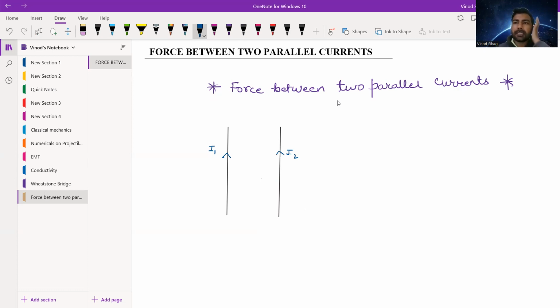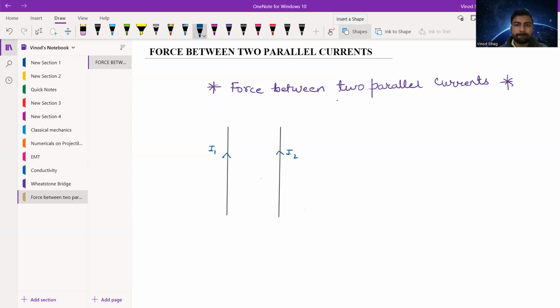Now, our task is to find out the force due to the first conductor on the second conductor, and the force due to the second conductor on the first conductor. Let's say their length is L.